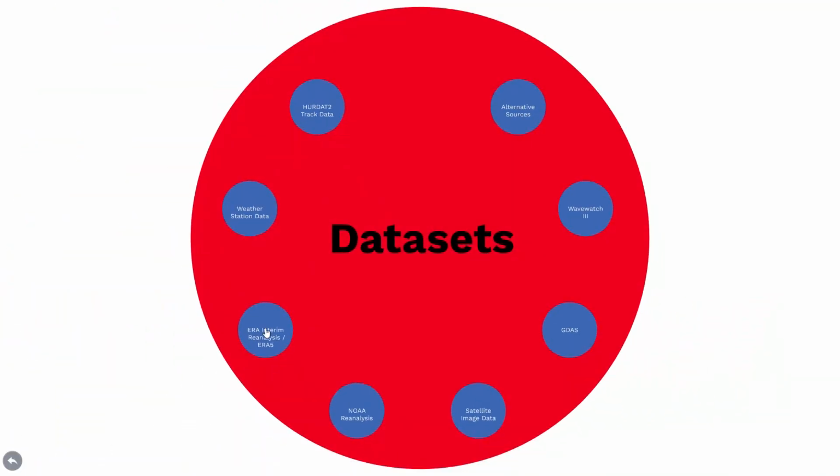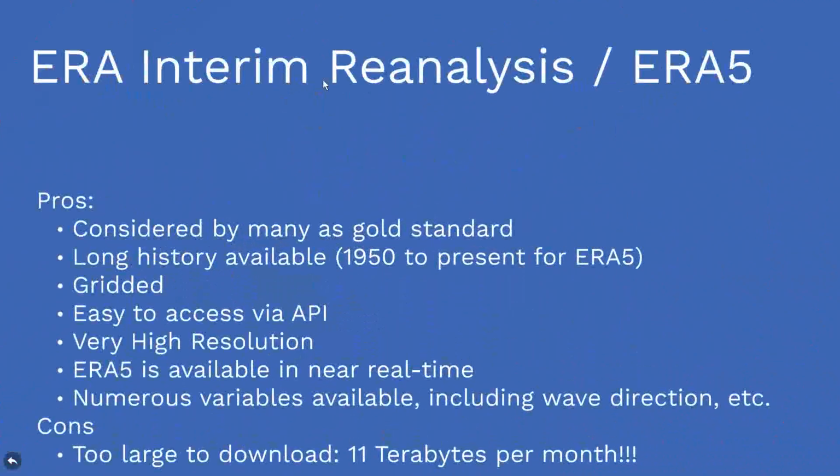Next up is the ERA Interim Reanalysis data set. There's also one from NOAA that I'll talk about shortly. What reanalysis means is it's essentially taking modern physics-based models and using that in combination with historic sensor data to fill in the gaps between physical weather stations.